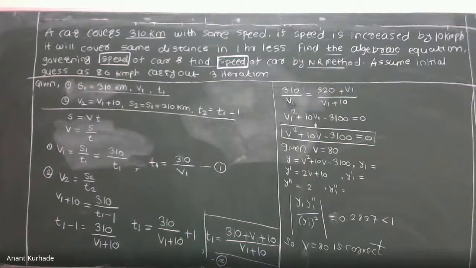Or tell me its answer after second iteration. Hello? After second iteration, what is v2? Fast.